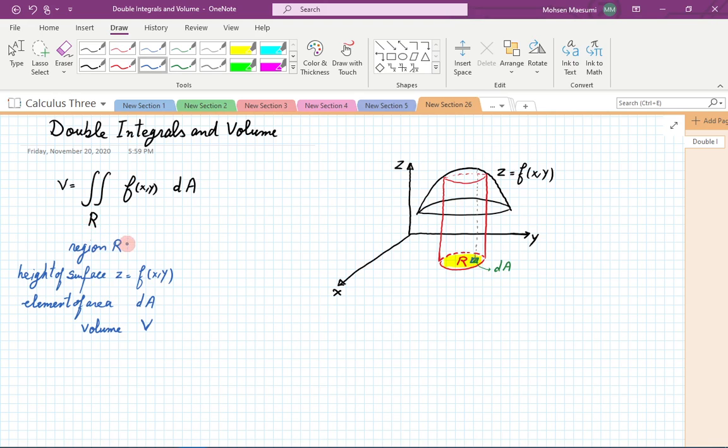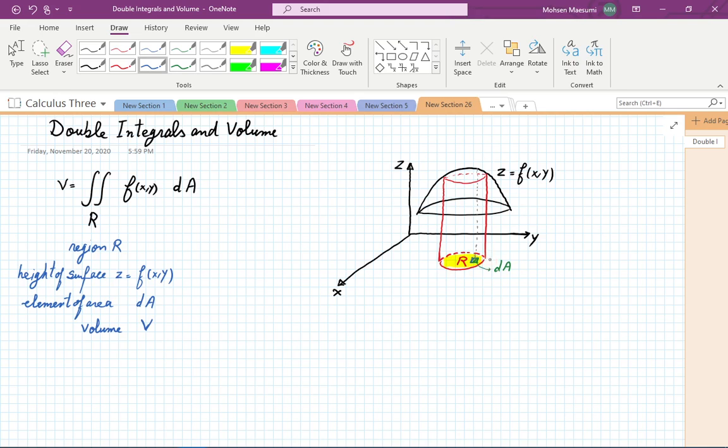The region R is some region on the xy plane. Here I've colored it yellow, that's the region R. On top of the xy plane we have some surface given as z equal to a function of x and y. So the height of the surface is z.